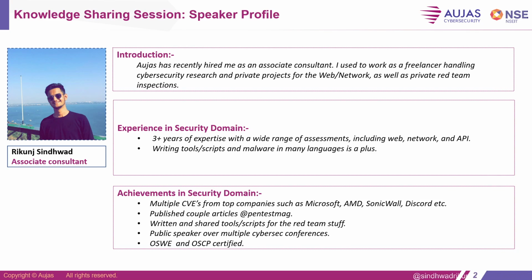I am also good at writing small snippets or tools. I have even written a tool that can be used for red team assessments or DLL hijacking using a proxy technique, the proxy checker, which is also available on GitHub. So you can just Google my name and you will get all the information about the same.